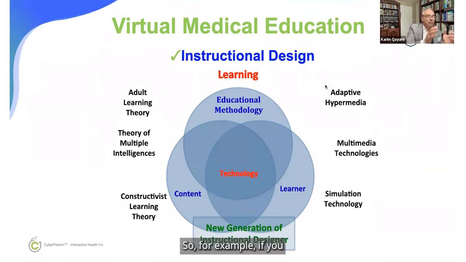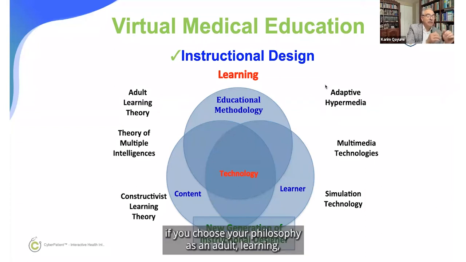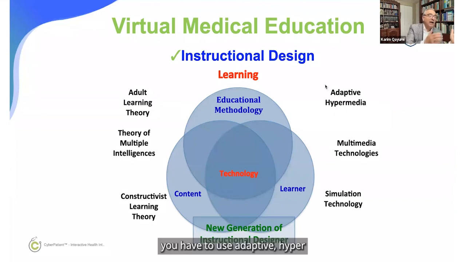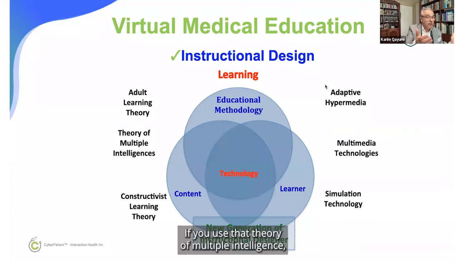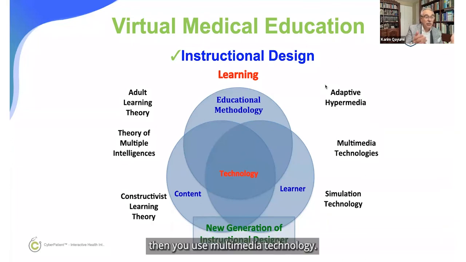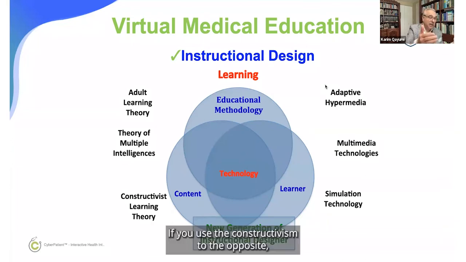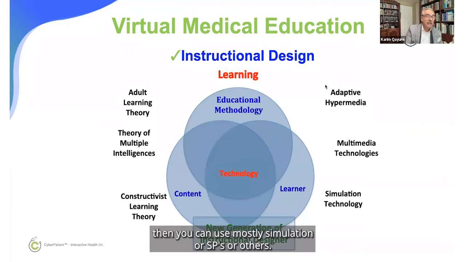So for example, if you choose your philosophy as adult learning, you have to use adaptive hypermedia technology. If you use the theory of multiple intelligence, then you use multimedia technology. If you use the constructivism theory of Piaget, then you can use mostly simulation or SPs or others.